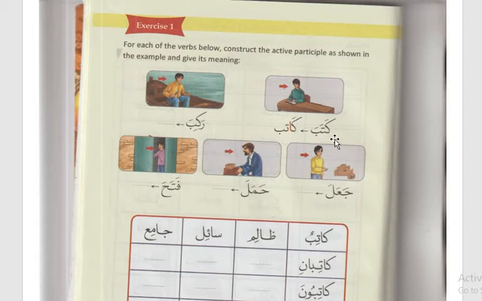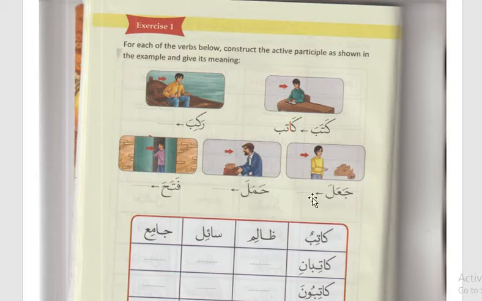Now let's see, كتب. This is the verb. It becomes the one who's doing the action. It becomes كاتب. So we add alif after the ka. So كتب كاتب. Here ركب. This is the verb ركب. It becomes راكب. Okay. جعل.